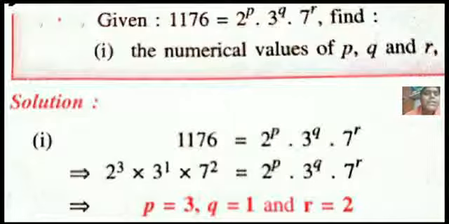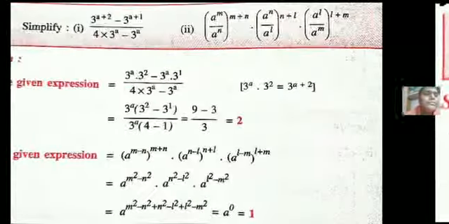Now equating 2 to the power p to 2 to the power 3, we get p is equal to 3. Equating 3 to the power q is equal to 3 to the power 1, you get q is equal to 1. Equating 7 to the power r is equal to 7 to the power 2, you get r is equal to 2. Clear? Okay.